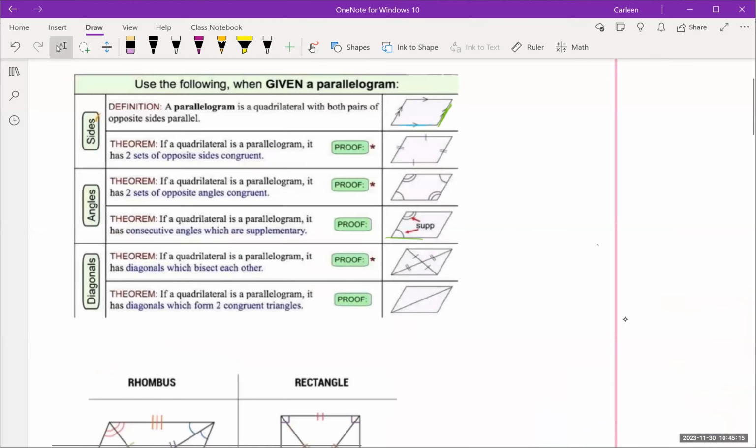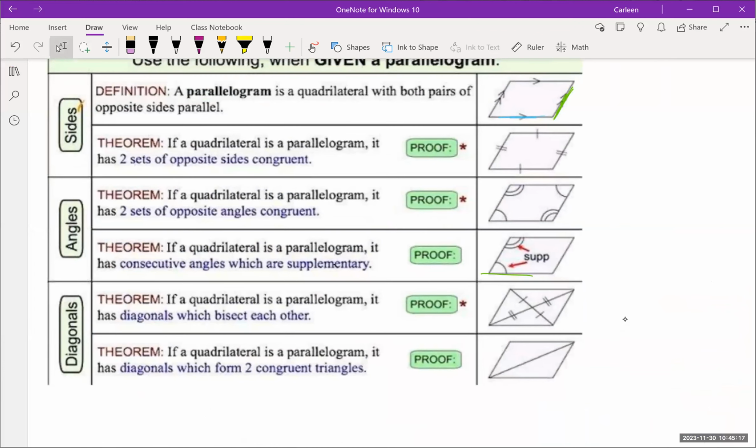So if it's a parallelogram, then we can say that opposite sides are parallel. We could also say that opposite sides are congruent. The first one's a definition, the second one is a proof, and that can be proven.